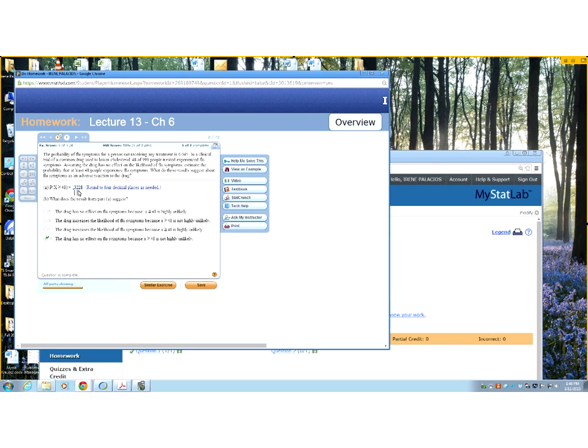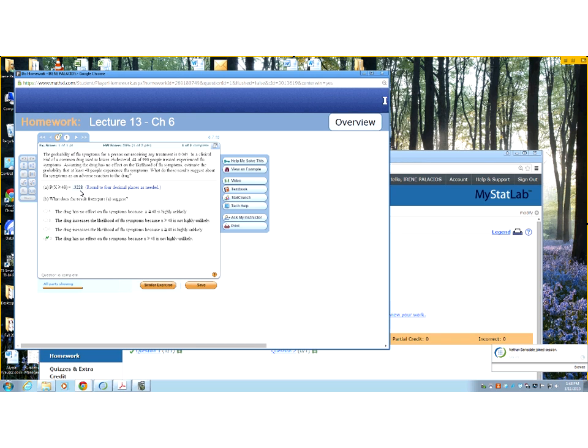So the fact that this probability is not smaller than 0.05, we can't blame that drug for giving flu-like symptoms.